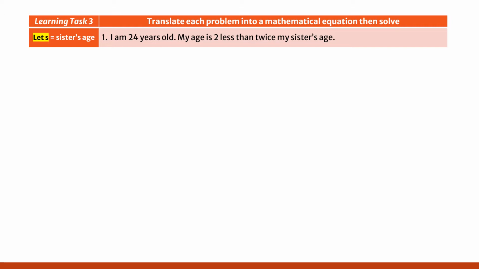According to the statement, I am 24 years old. Okay? My age, so what is her age or his age? 24. So I am 24 years old. My age, so that is 24. Tama? So my age equals 2 less than twice my sister's age.